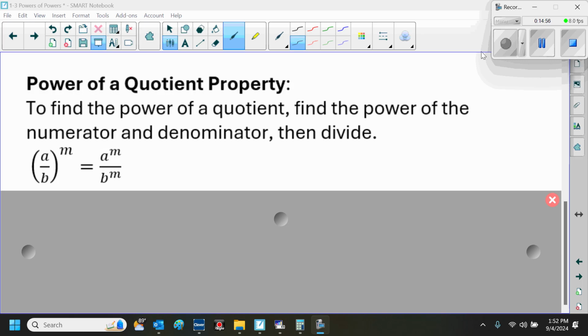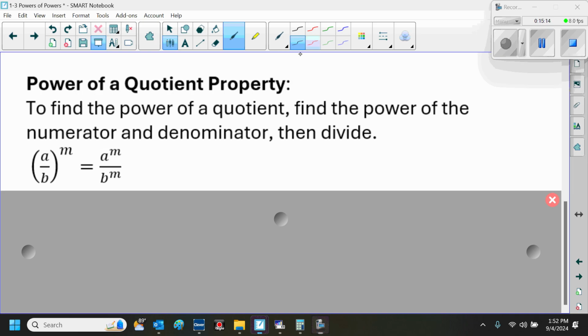The next power we're talking about is a quotient, the power of a quotient property. Now I think we actually did this in a previous class period without even knowing what the property was.